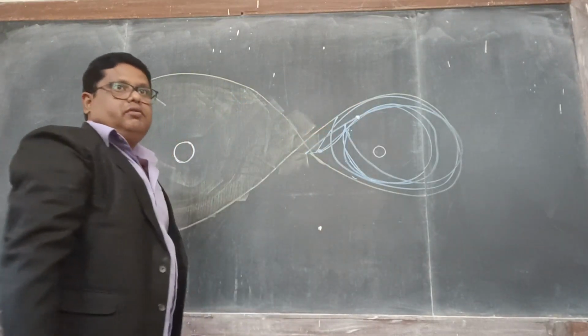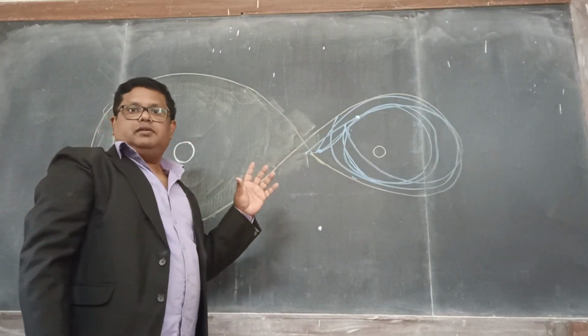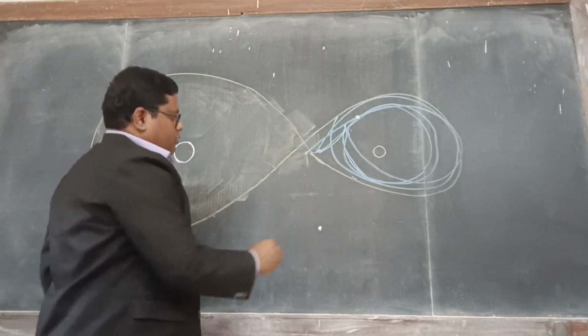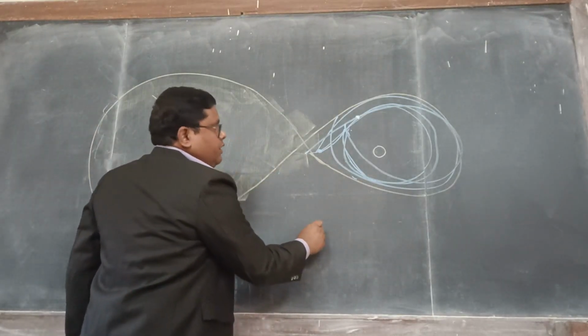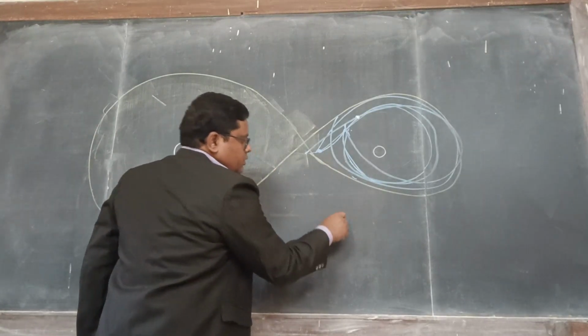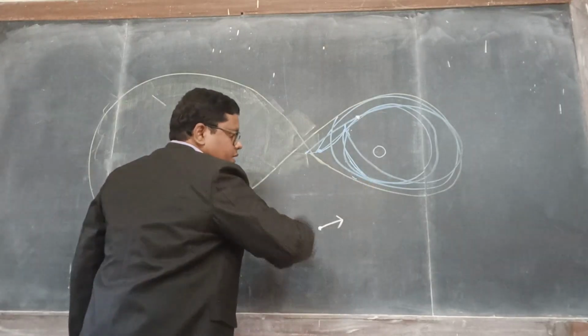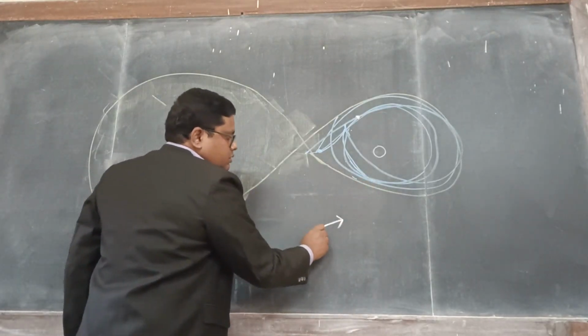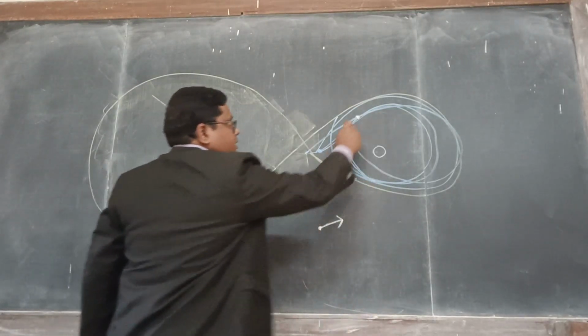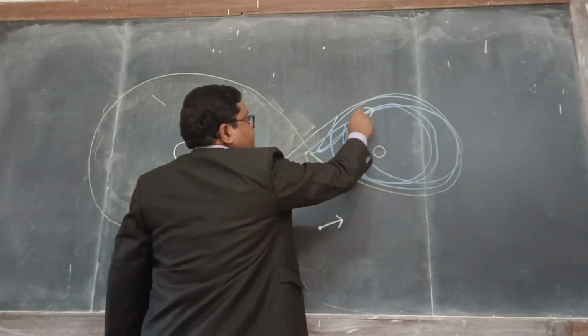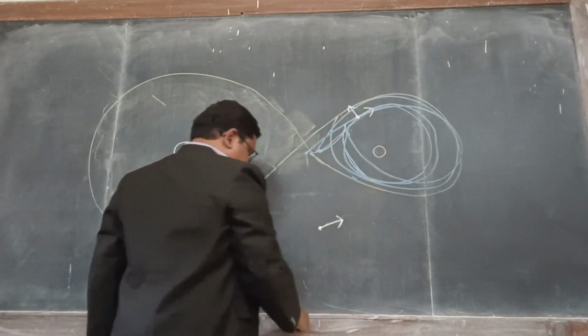We can consider the velocity component. There are in fact two velocity components. One is along the spiraling motion, around the circular path, outside the star. And another is a vertical component.